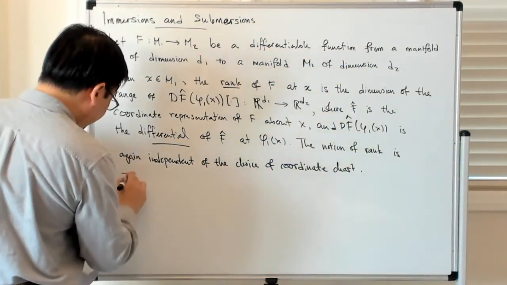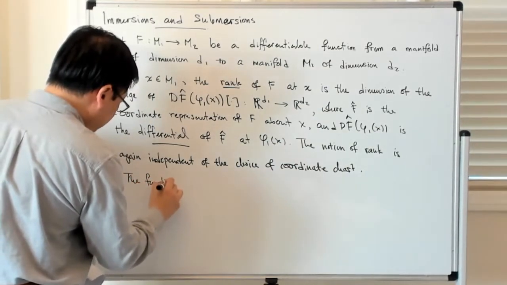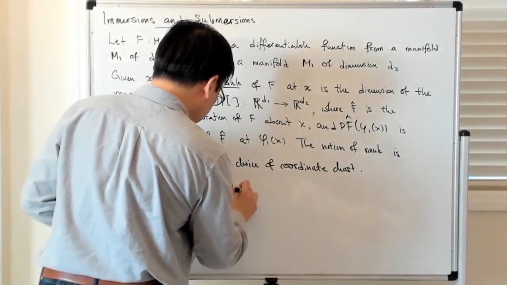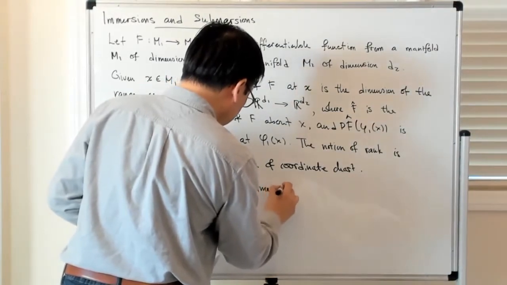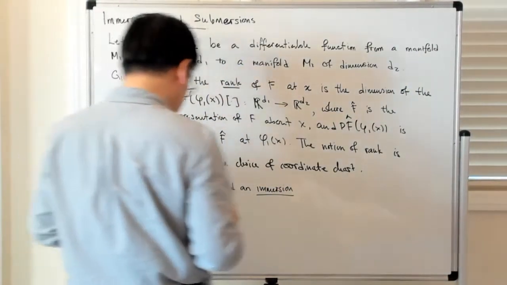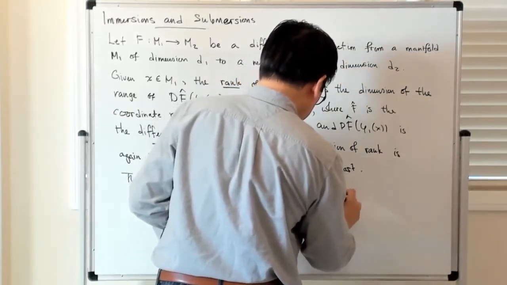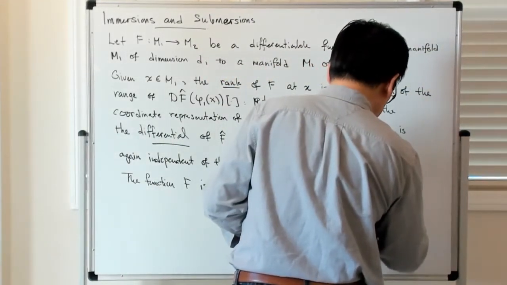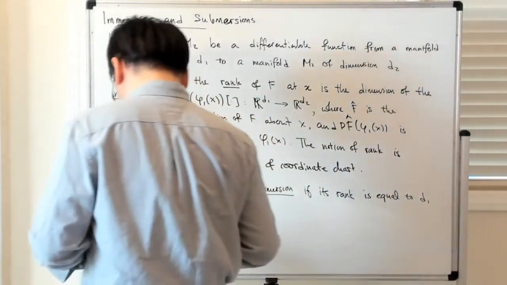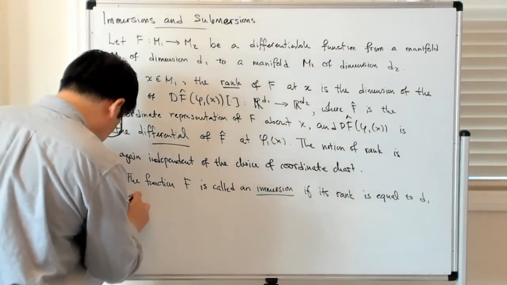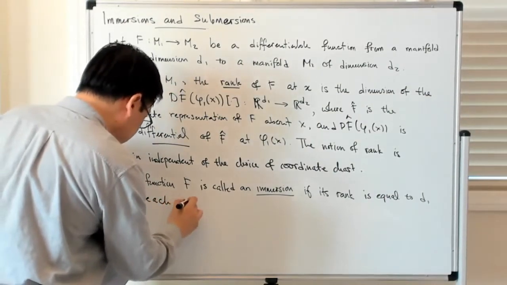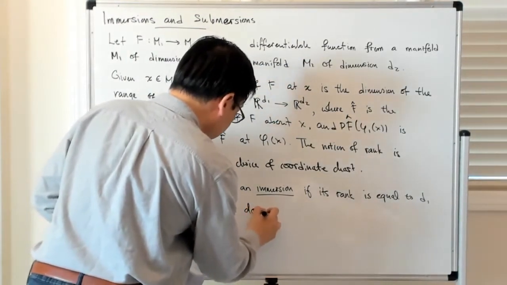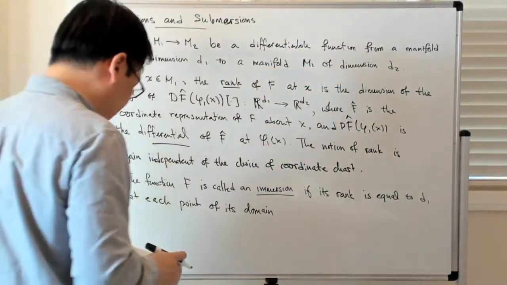So the function f is called an immersion if its rank is equal to D1 at each point in the domain, and then by necessity this means that D1 is less than or equal to D2.